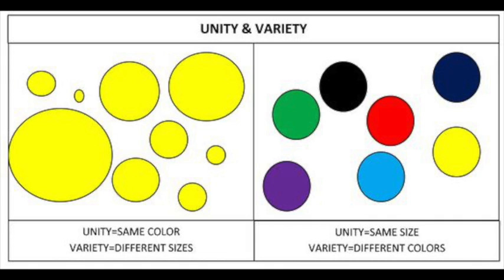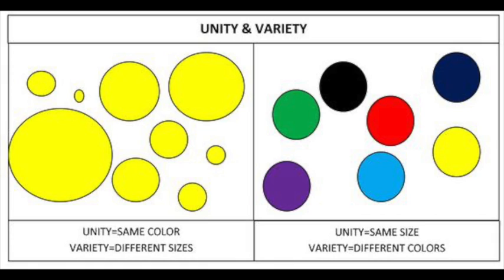We are going to use that line for our unity, which is a principle of art. Remember, elements are the ingredients, and principles are how you use those ingredients. So we're going to use the unity of one line, but you're going to use a variety of lines, meaning even though you're using one line, you're going to change it up a little bit.